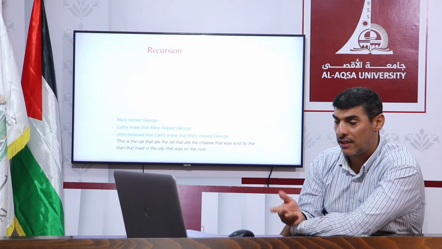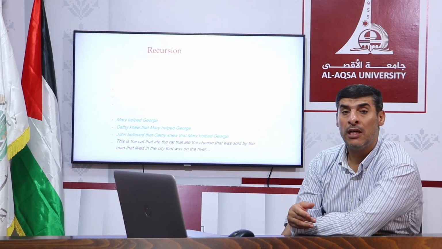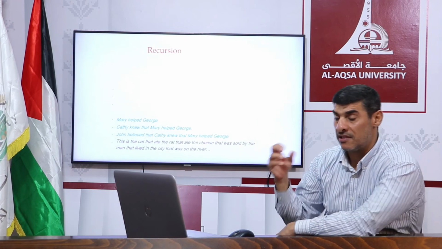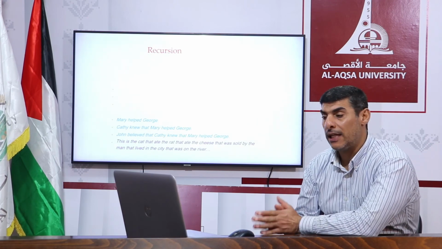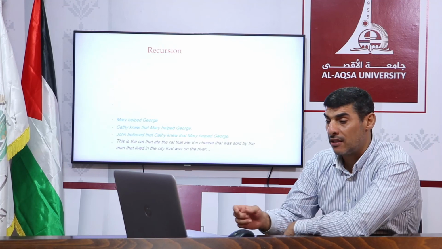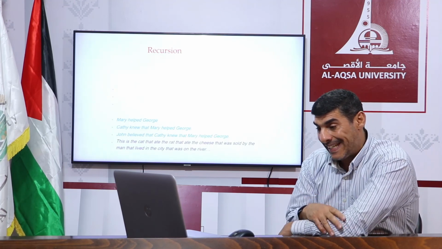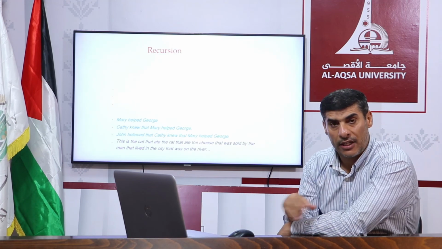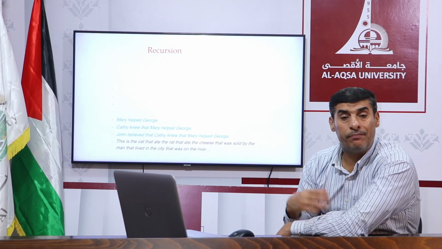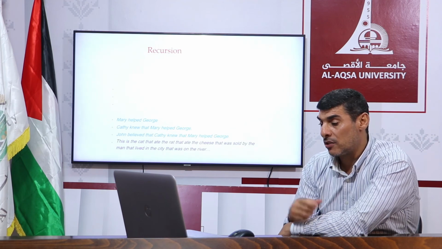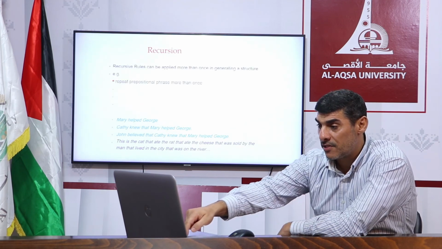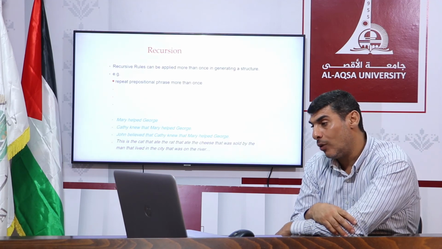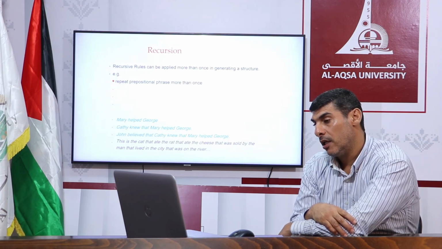I saw a cat on the table. That Muhammad Ali, who lived in Khan Yunis, which is a city in Palestine, and so on, and then you finish the sentence. This is the cat that ate the rat, etc. So you have to generate, and you have to add modifiers up to the grammar of English. Recursive rules can be applied more than once in generating a structure.